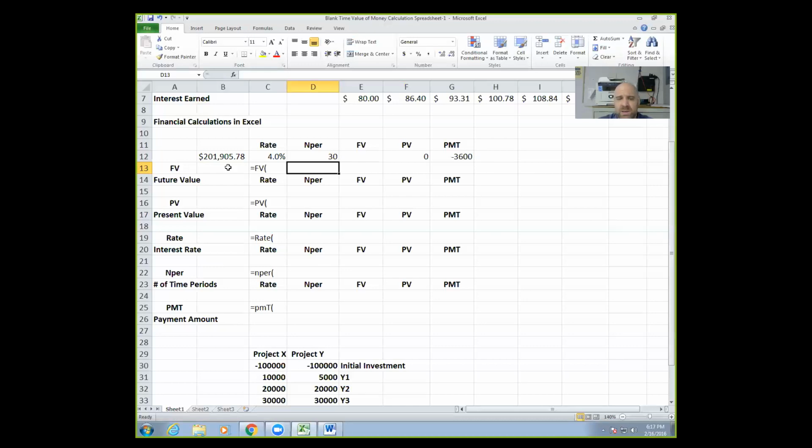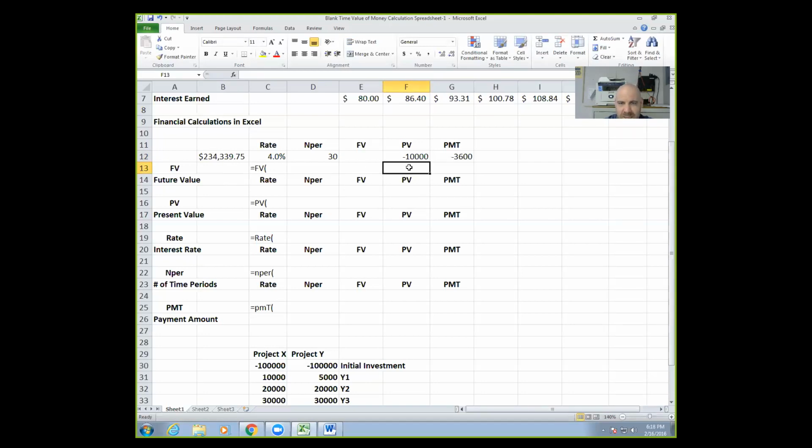Oh, and so the other thing you could do, you can be really crafty if you want to. You can say, okay, this is what I'm going to do every year. But you know what? I actually started out with this money that my aunt gave me. I'm going to start out with 10,000. So you can actually put in 10,000 in the PV, present value category, and hit enter. And it's going to show you again what's going to happen.